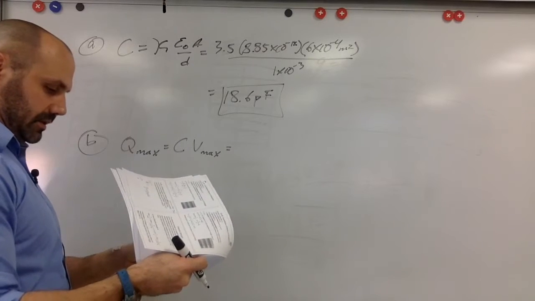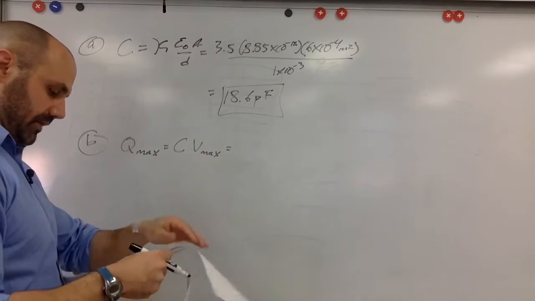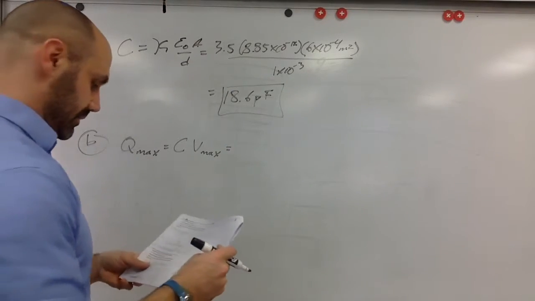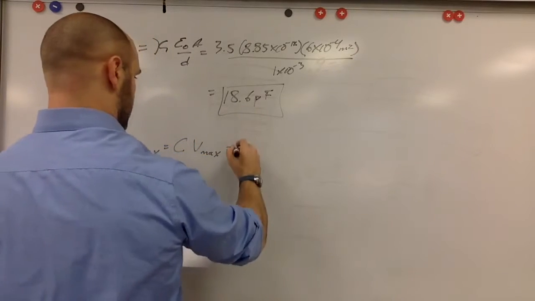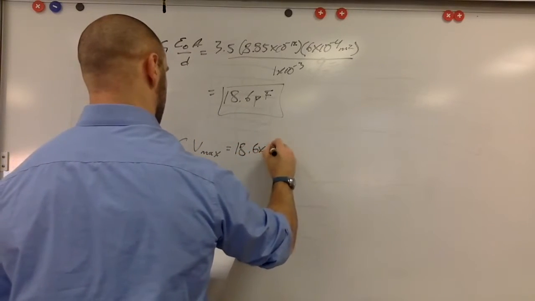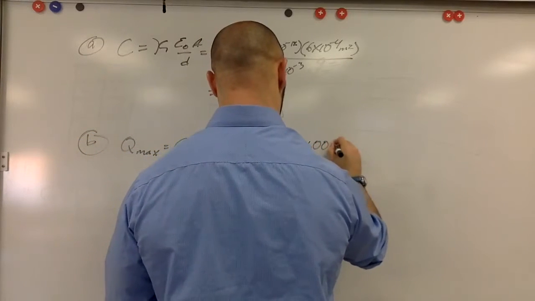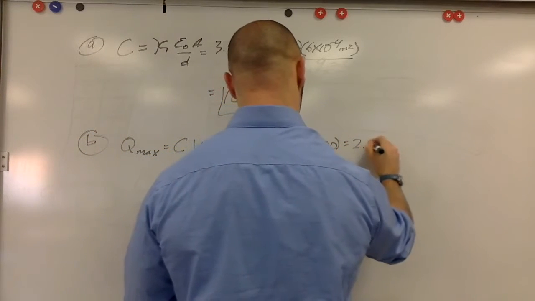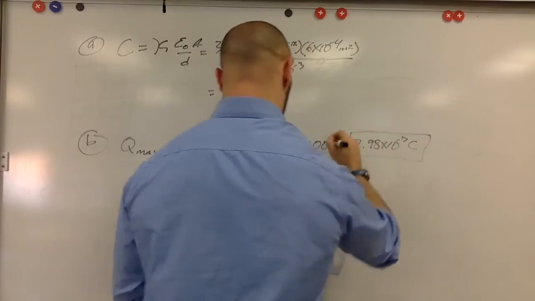Chart somewhere, kilovolts per millimeter, so 16,000 volts per millimeter. So this number times 1600 gives us 2.98 times 10 to the negative 7 coulombs.